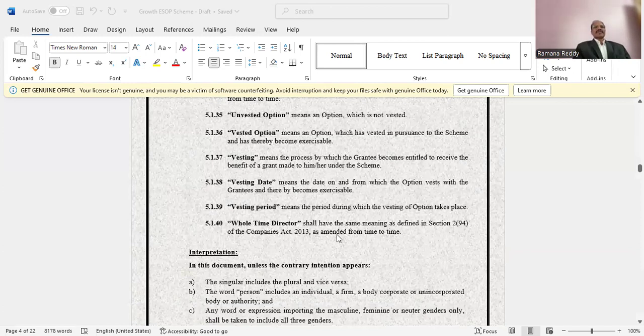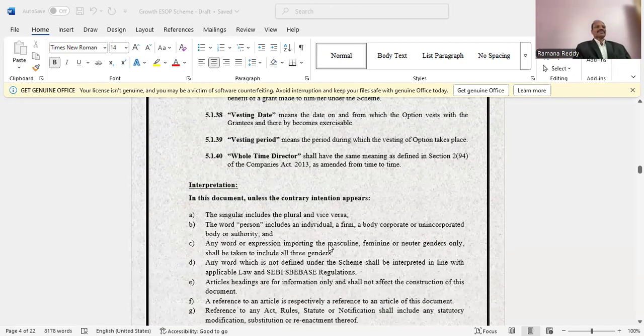A mandatory 1 year period will be given, thereby the grants become exercisable. The vesting period will be decided by the NRC. Full-time director shall have the same meaning as defined under the Companies Act 2013.